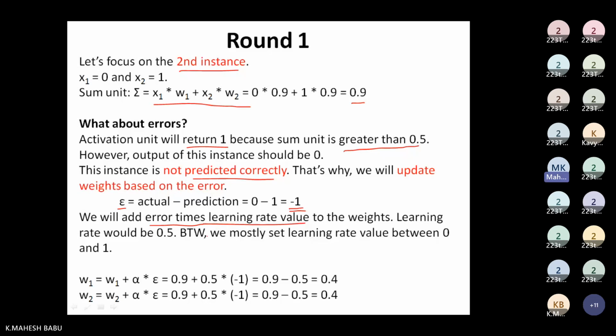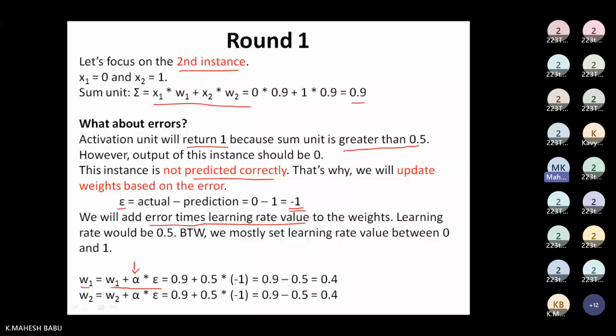The learning rate would be 0.5. By the way, we mostly set the learning rate between 0 and 1. So W1 equals W1 plus alpha into epsilon, where alpha is 0.5 and epsilon is minus 1.